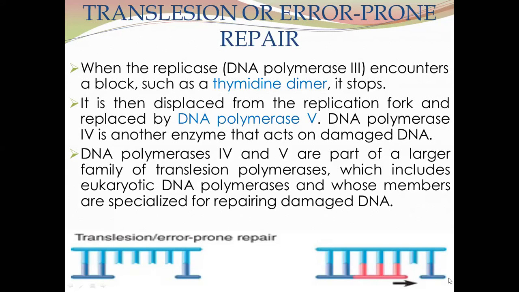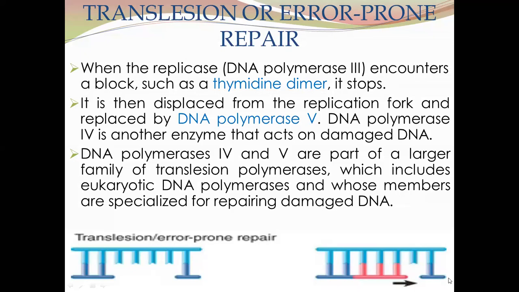So in these two lectures, we have covered the different repair systems which can repair damaged DNA, and thus they help in the normal growth and development of an organism. If there is damage to the essential genes, such damage is lethal for the organism.